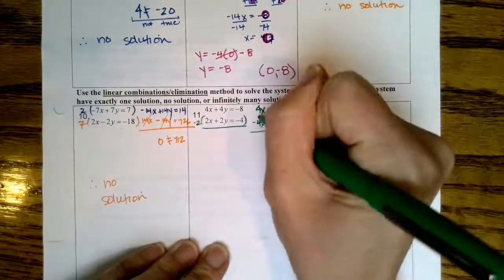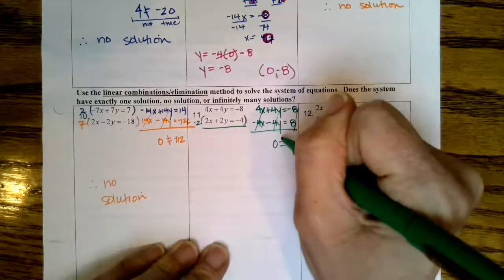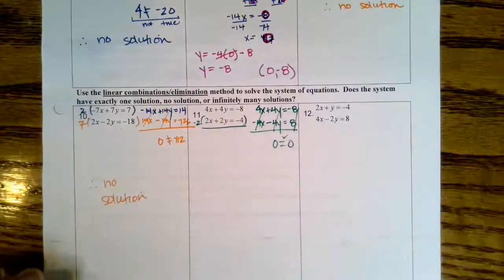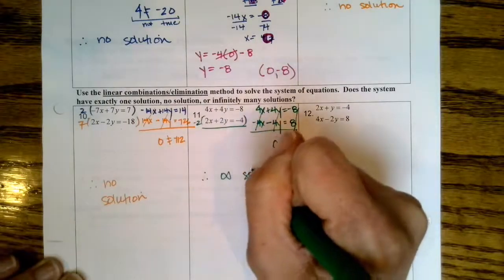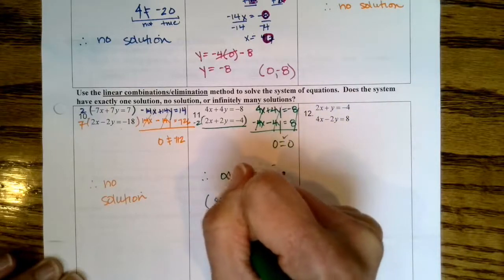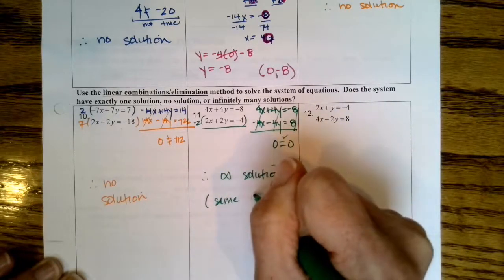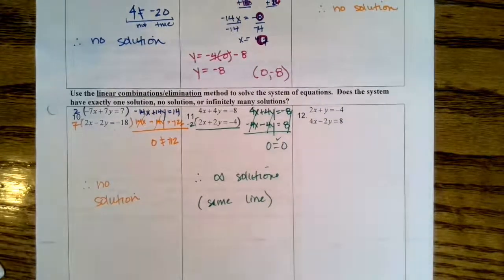Guess what? 0 pair, 0 pair, 0 pair. And you end up with a number sentence that's true. Therefore, there's infinite solutions. And guess what? These two equations are the same line because they have the same slope and the same y-intercept.